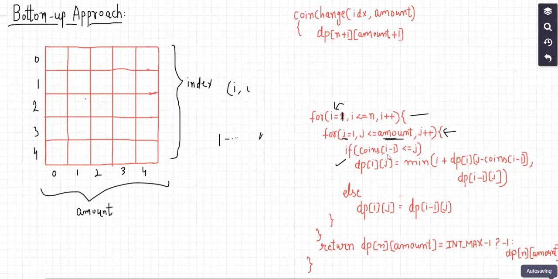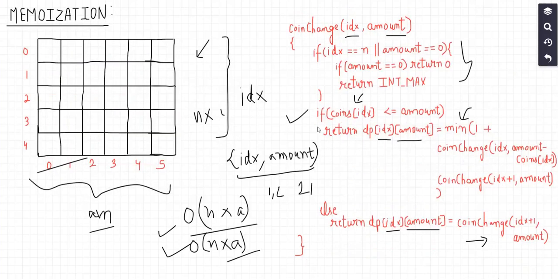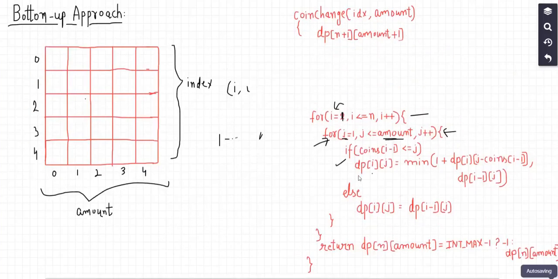If the coin that we are currently standing on has value less than the amount that we want to generate, then this corresponds to the case that we discussed here. And hence we can update our DP array using the results which were computed before. These are the results which are already computed in the DP array, and I'm simply using those results.